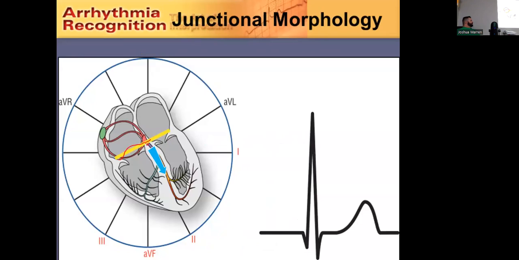It's starting the impulse from here versus up here in the SA node. So therefore it must travel where? From here down. And if there is to be a depolarization of the atria, it must travel where? Back this way, doing retrograde depolarization. It was inverted.